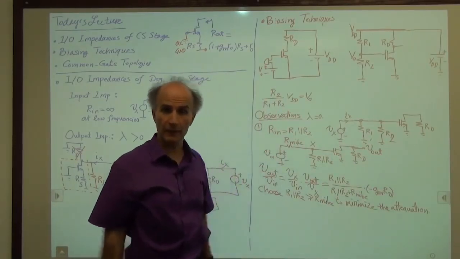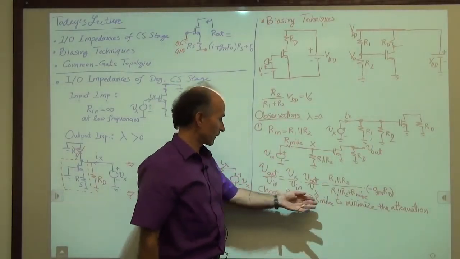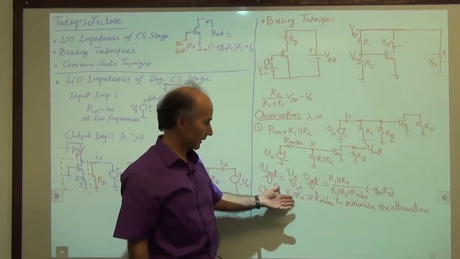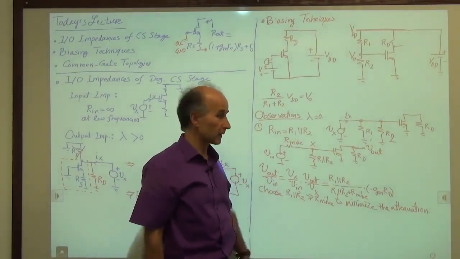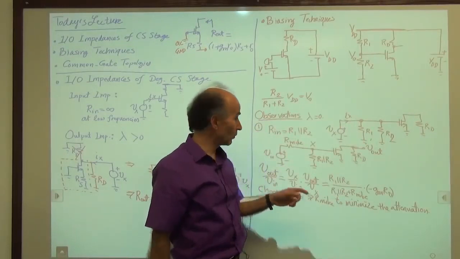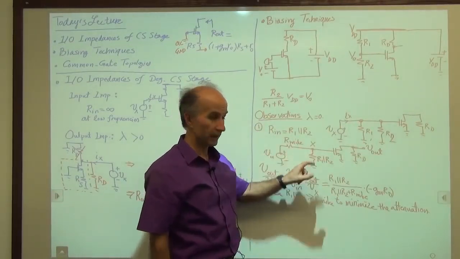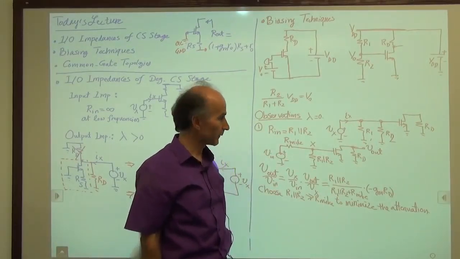Sometimes that's possible. If the microphone resistance is only a few hundred ohms, that's not a big deal. They can do that. But that's a condition we have to remember. These biasing components load the microphone because they create attenuation.